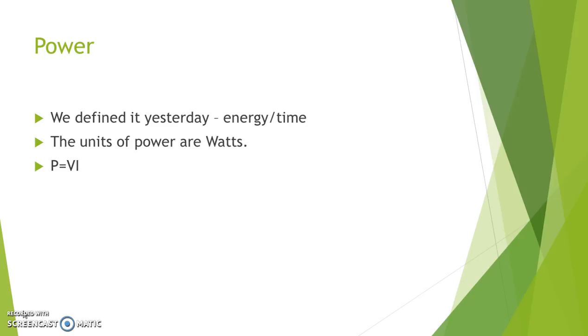So V times I is equal to the power. But we actually didn't really define those things yesterday. We didn't define the potential. We didn't define the current. So we'll do that today.